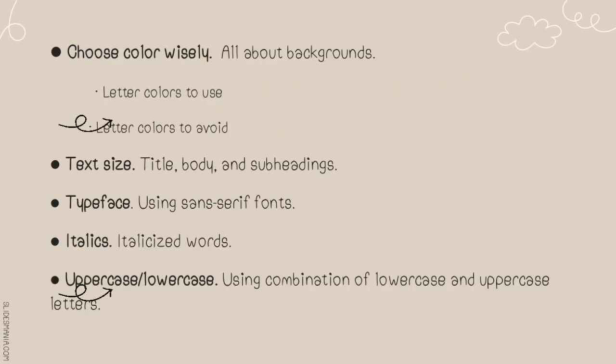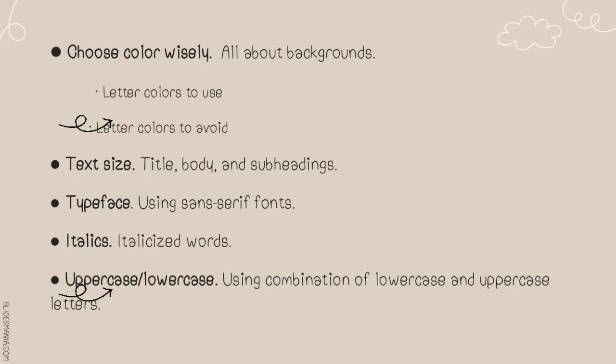So choose color wisely. Choosing color wisely can improve our ability to label our works, be creative and effective. So when we choose color wisely, we have to decide what letter colors to use and what letter colors to avoid.